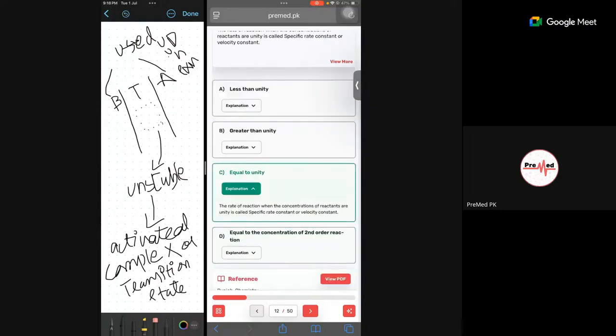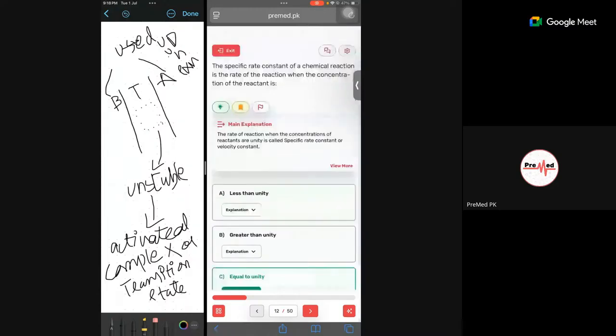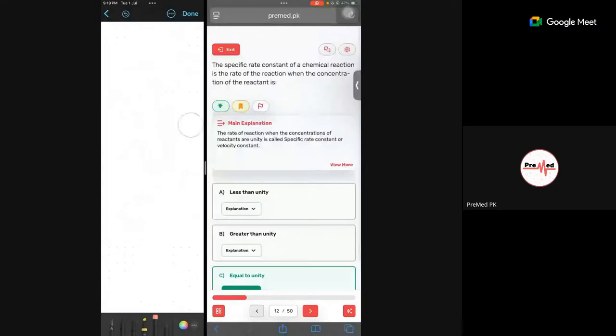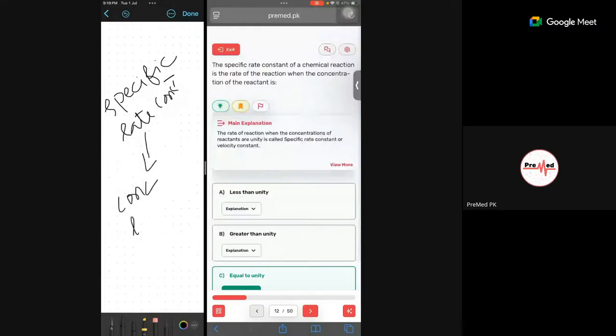Next one we have is: the specific rate constant of a chemical reaction is the rate of reaction when the concentration of reactant is what? If somebody knows the definition of specific rate constant, then we can easily understand this MCQ. What is a specific rate constant? It is the rate of reaction when the concentration becomes equal to unity.